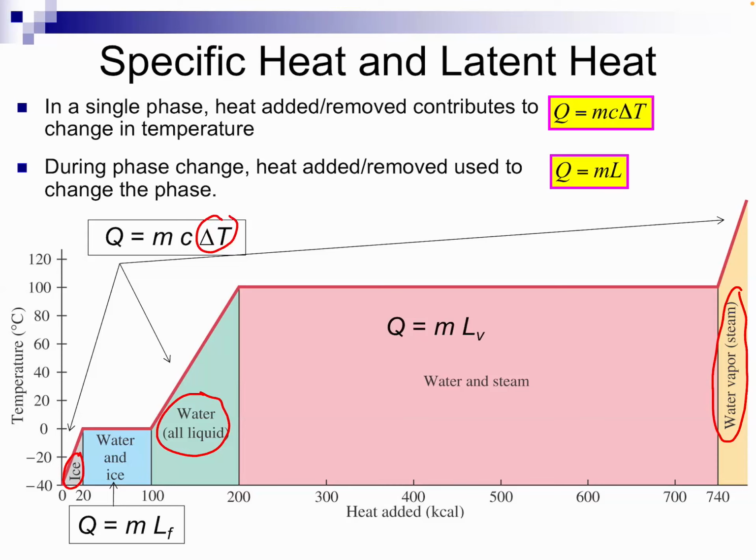So you use Q equals mc delta T if the object exists in just a single phase, whereas during phase change, when there are two phases existing, like liquid water and solid ice, or liquid water and gaseous steam, then you use Q equals mL because you have a phase change. The heat added goes into changing the phase.